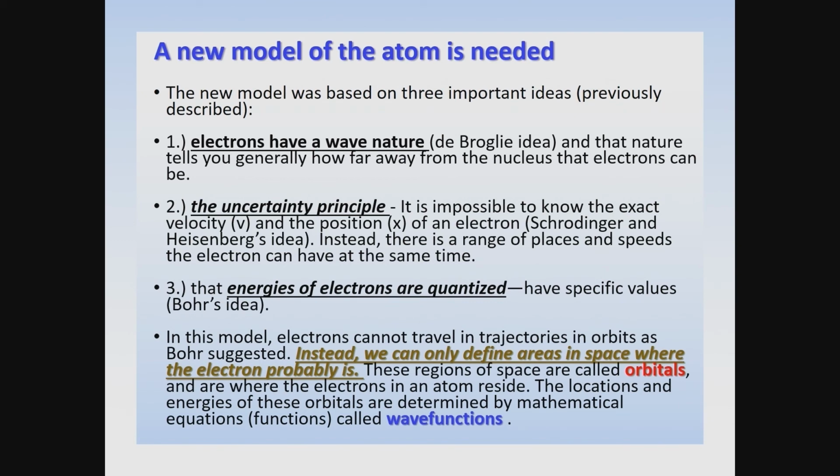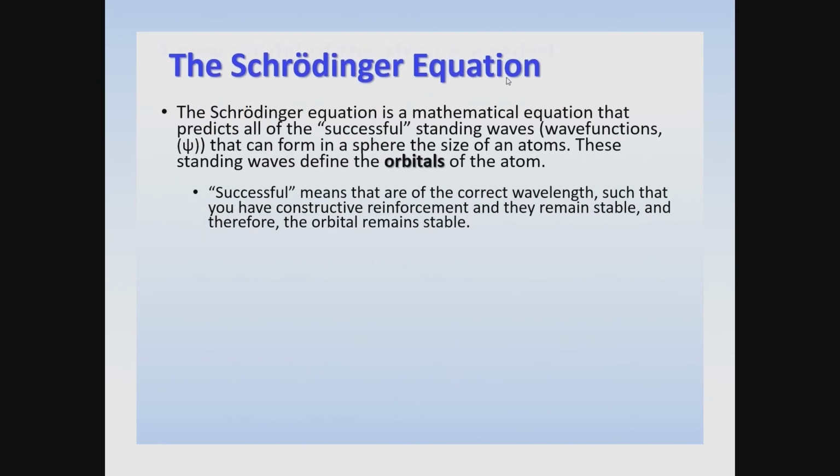There are equations that describe how far from the nucleus these electrons will be found, called wave equations or wave functions. The main equation used to describe where the electrons are found in the atom, and generally how far away they are from the nucleus, is called the Schrödinger equation. It's also called the wave equation.